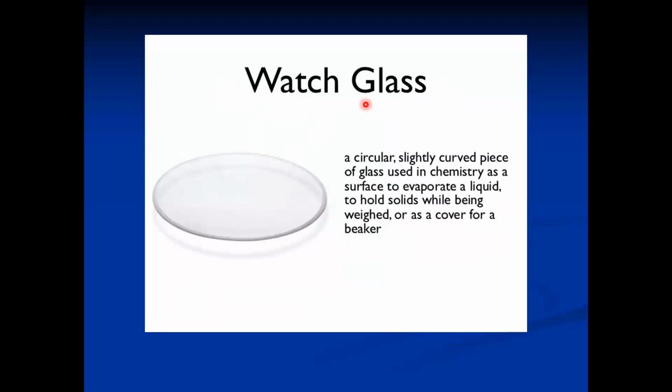Then we have the watch glass. It is used as a cover, either on a beaker or on a china dish, so you can see through it and you can prevent the evaporation of the liquid from that beaker.